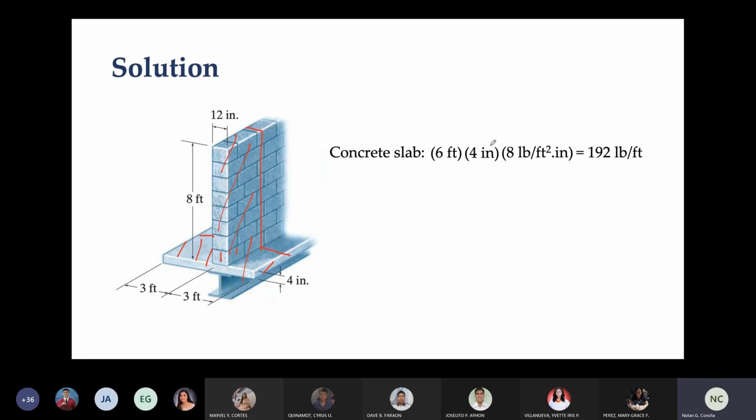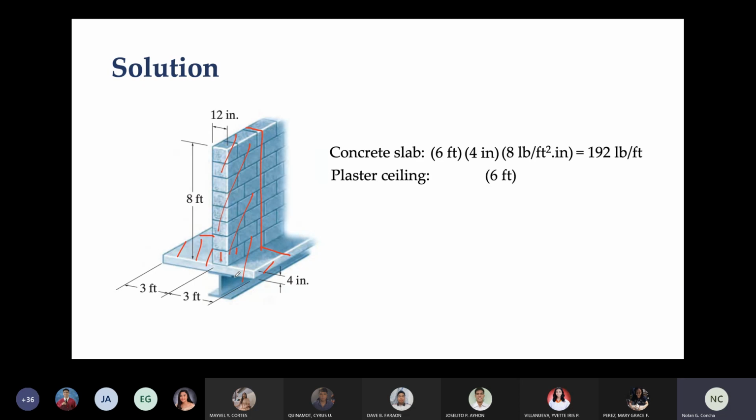Again, you have to observe consistency of units. So do I convert this one? I think no need to convert, right? Because this is inch and that is inch also, they will cancel out. So we are good. Feet and feet will cancel, and so the resulting unit is 192 pounds per foot. Next is the plaster ceiling. So there is a plaster here below.